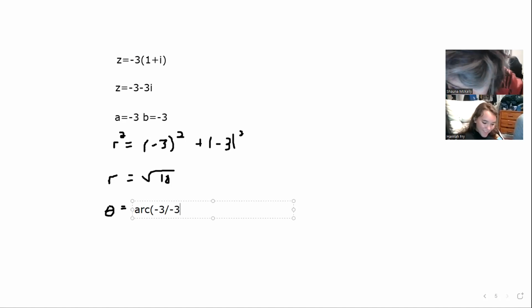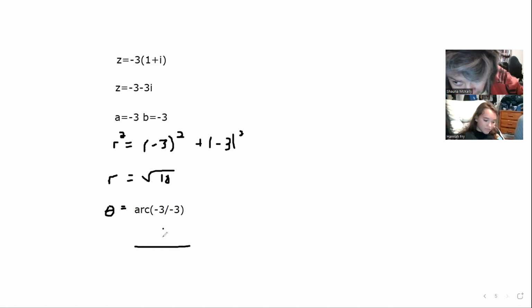And now this is where your trig skills come in, right? Right. Now, which quadrant is this number in? Quadrant 3. This is in quadrant 3, that's correct. But my reference angle, if you put this in your calculator, it'll give you 45 degrees or pi/4. Okay. So what we want to do is we have this now.